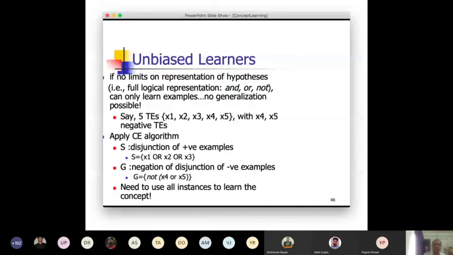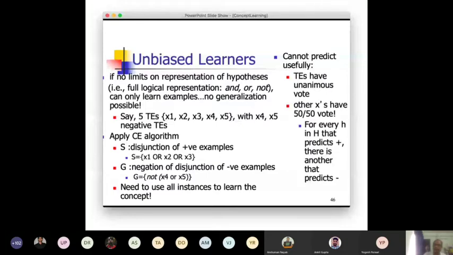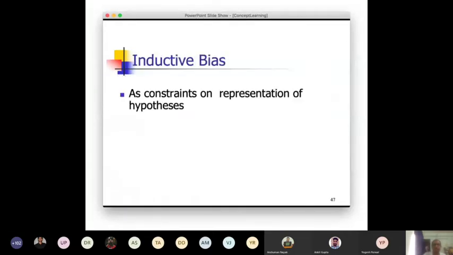So if you apply majority logic, it does not make much sense, right? So if you make the learner unbiased, it doesn't mean that you are increasing the strength of your learner. It is not really helpful or useful to solve any problem.